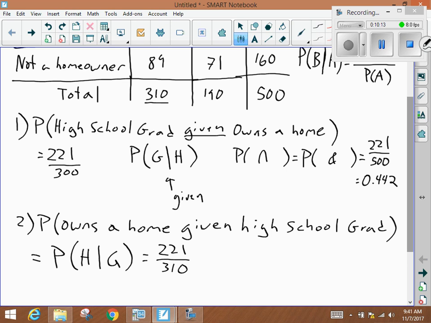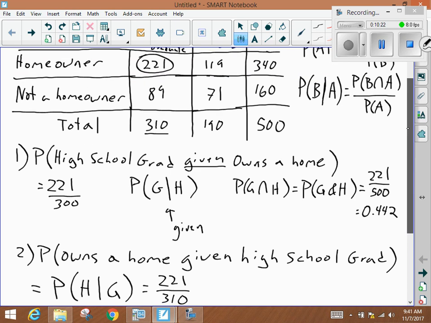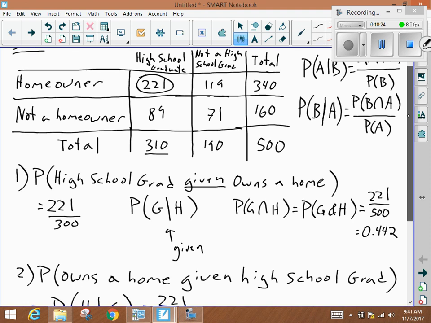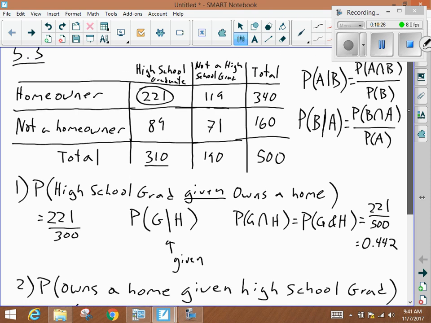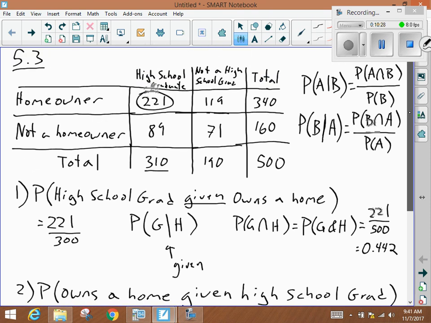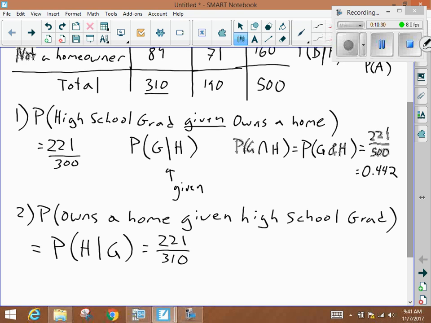We're applying this to this actual case. So this should be G and H over the probability of H. And what is the probability of H? Probability that a person owns a home.